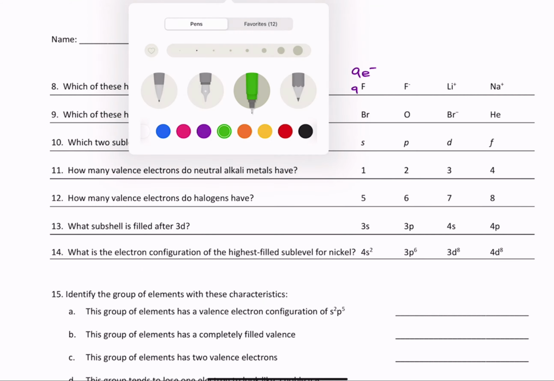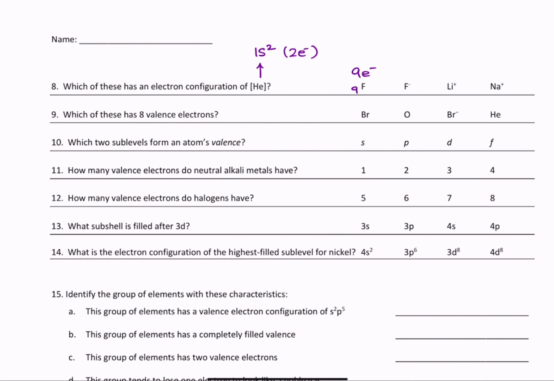F- carries a net charge of -1, so we'll have 9 + 1 = 10 electrons. Lithium carries a positive charge, so we'll have 3 - 1 = 2 electrons. This is the correct answer. The lithium ion is isoelectronic with helium. Sodium, to be sure that this is not the correct answer, will have 11 - 1, 10 electrons.